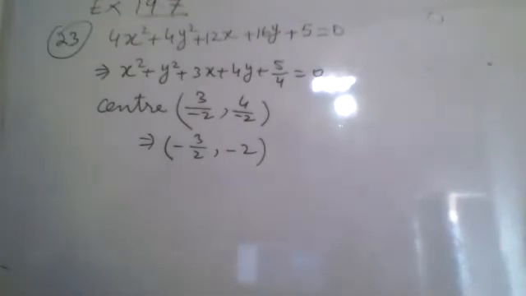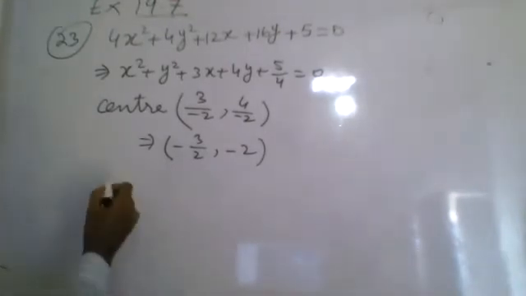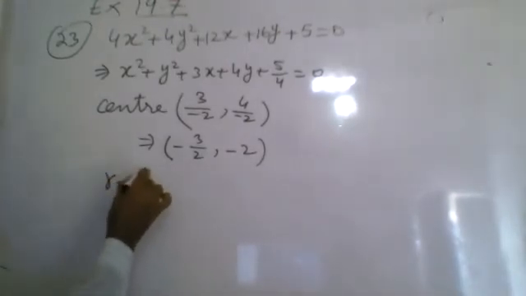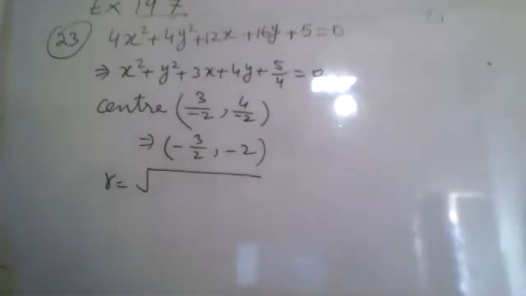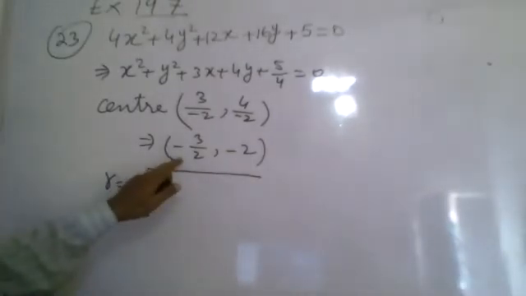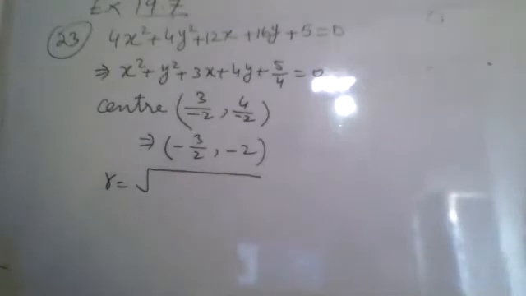Okay, now we'll find the radius. Radius is equal to under root the square of the x coordinate of the center plus the square of the y coordinate of the center minus c.